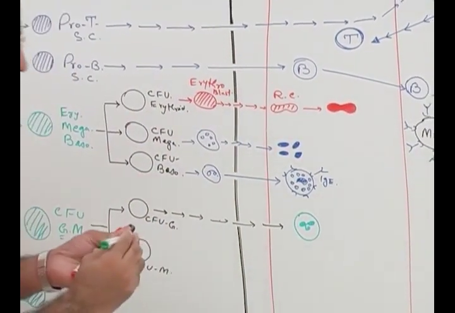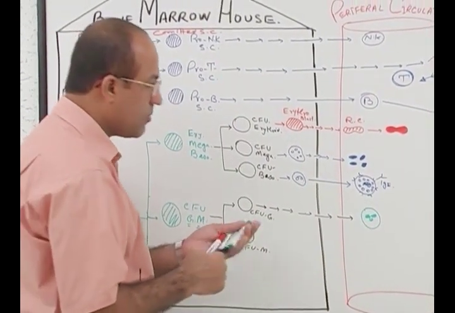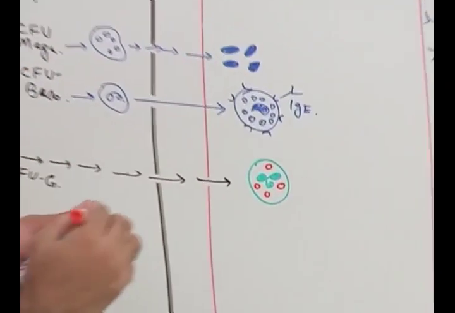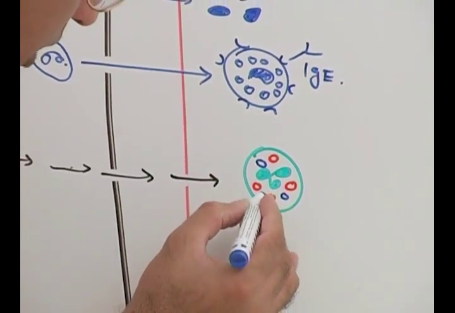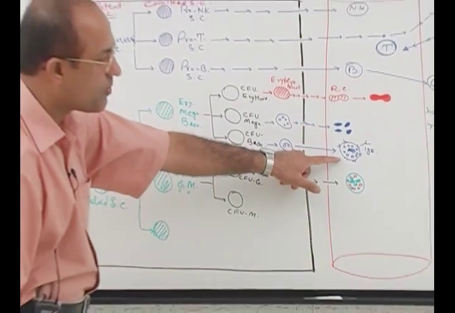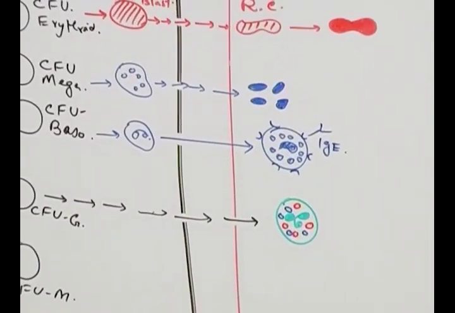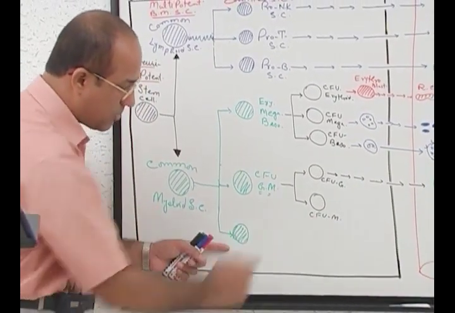It has recognizable and easily stainable granules, but some of its granules are red and some are stained blue. So we can say basophils have granules which are all blue, but neutrophils have granules both red and blue. First we finish this one, then we'll come to the monocyte.